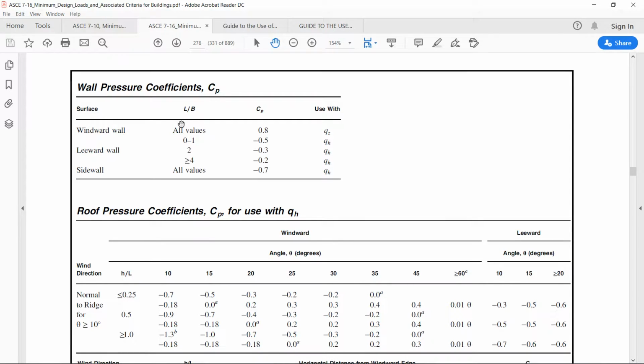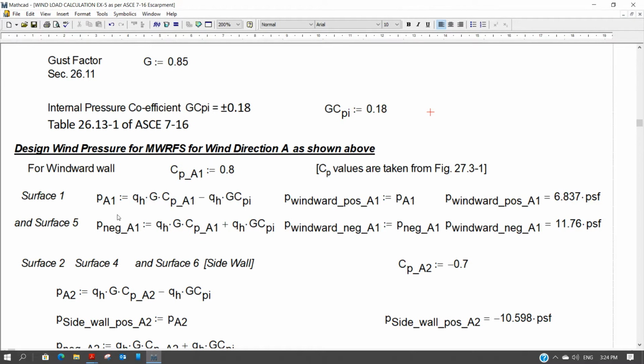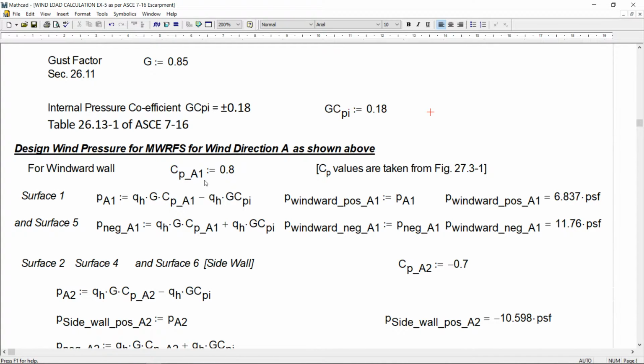Wall pressure coefficient for windward wall, all values 0.85. I have used this table and taken Cp from this table even for roof and for the wall. So for windward wall, Cp is 0.85. As I told you before, surface 1 and surface 5 for wind direction A will be considered as windward wall.